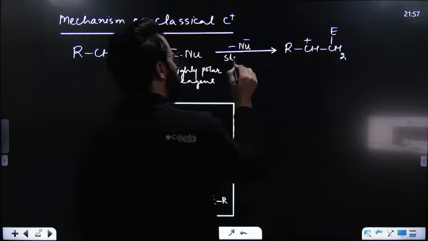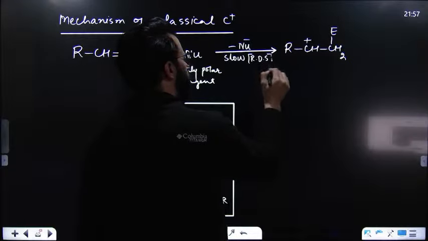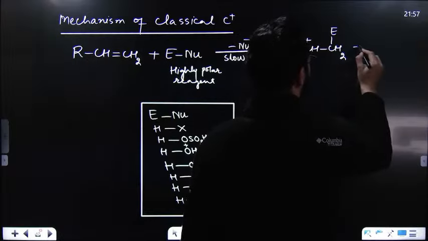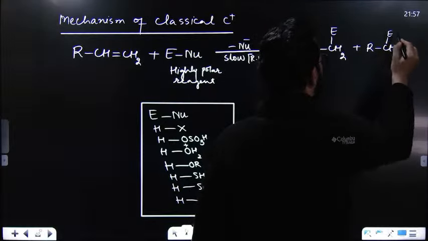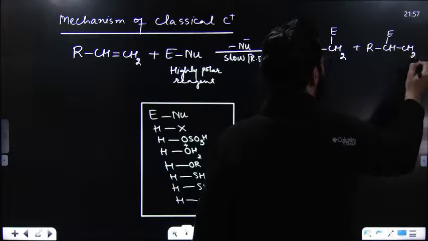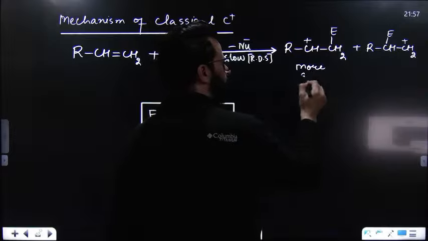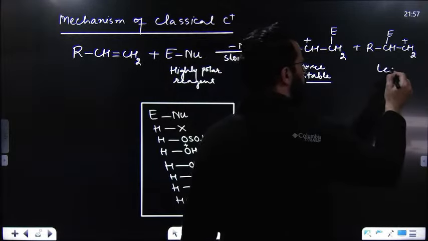This step is the slowest step, hence the rate determining step of the reaction. If this electrophilic part goes to this carbon, then it will result in the formation of a carbocation like this. But remember, this is the more stable carbocation and this will become the less stable carbocation.